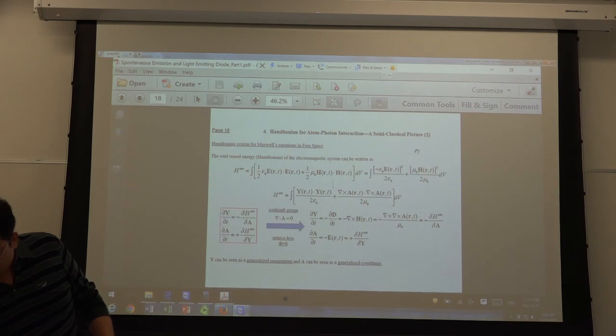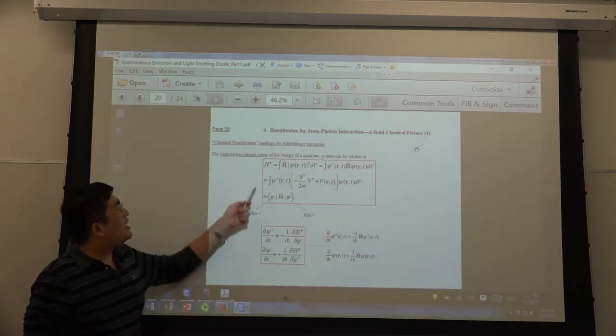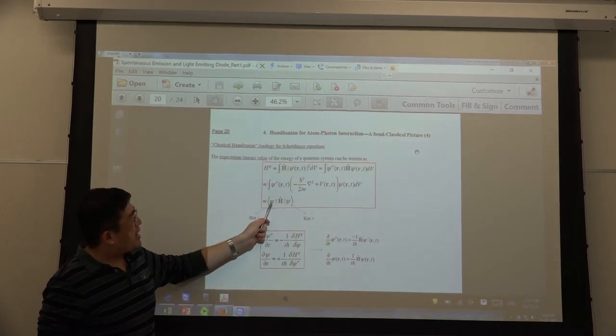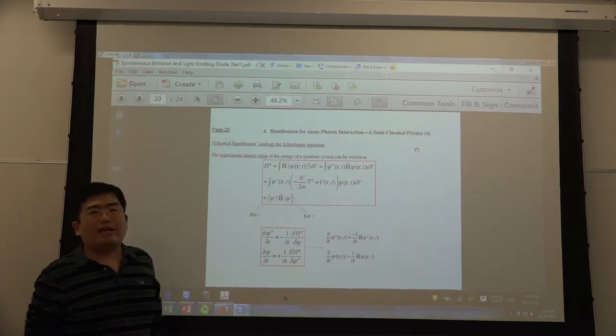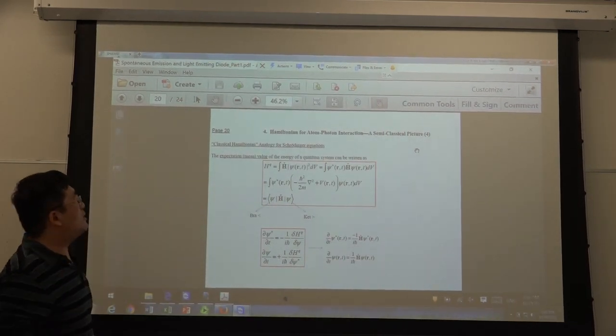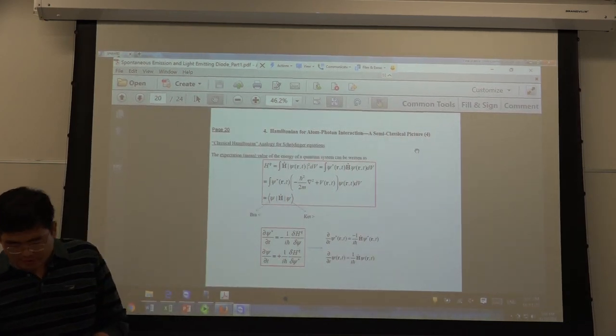Then for the Schrodinger equation, I can also get it. But here the Hamiltonian uses the Hamiltonian operator and the wave function, and I can get the classical form. So this is all the logic, for all the quantum systems.